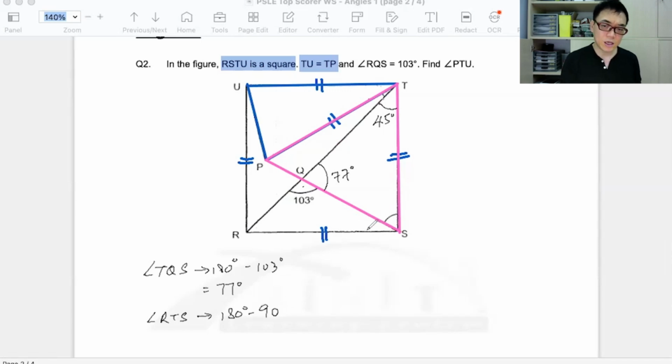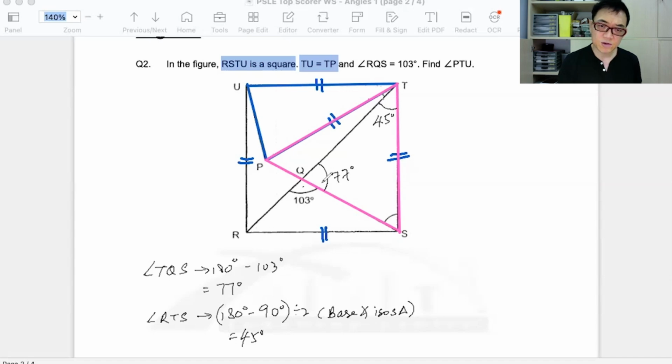So when I minus 90, I'm actually subtracting away the 90 over here and dividing this answer by 2. Okay, so here I'll put the rule. If you want, you can write this down. If not, it doesn't matter. Base angle isosceles triangle, the same rule I taught you just now. This will give you 45 degrees.